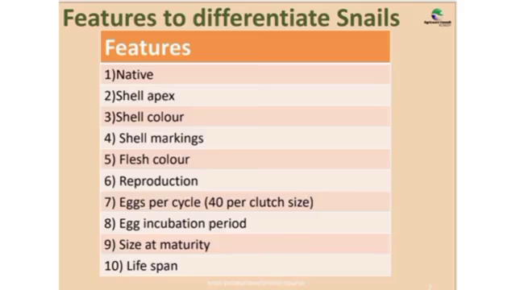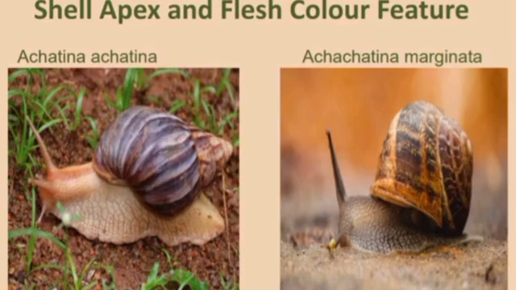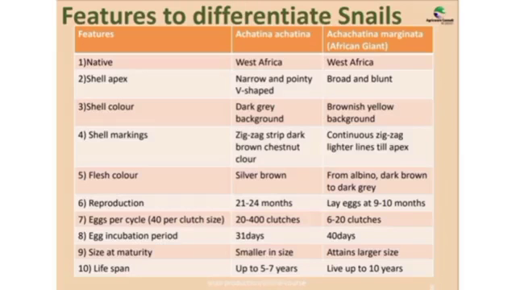And we have features like the shell apex, the shell color, the shell markings, the flesh color, the reproduction, the egg per cycle, the egg incubation period, the size at maturity, and the lifespan of these snails as their major features for you as a farmer to be able to identify which breed of snail you would rather go for than the other one.